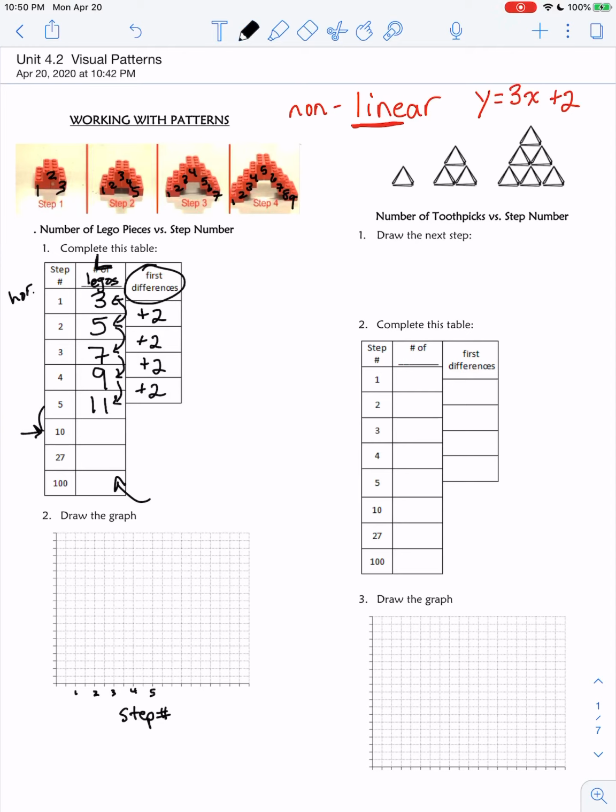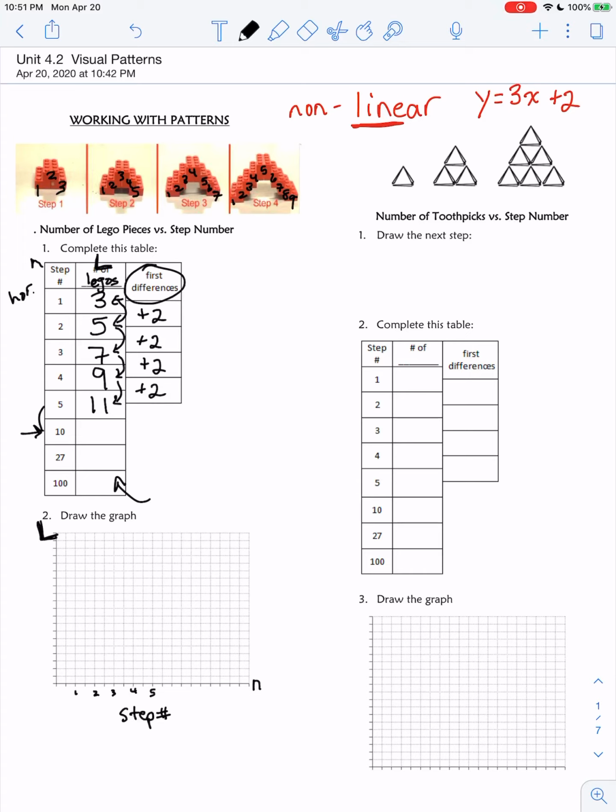I like N in this case for number. So N for number, step number, so this is my N axis. That's the independent axis. And then L, that's my dependent axis.